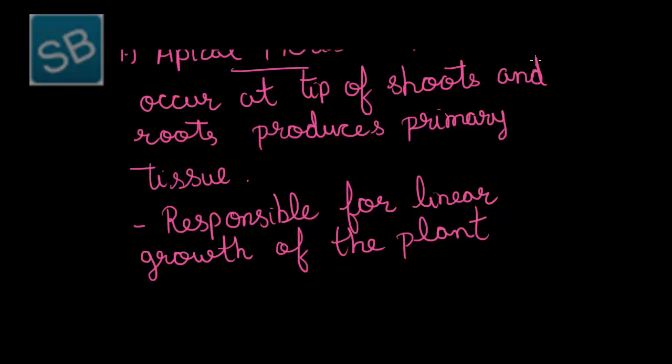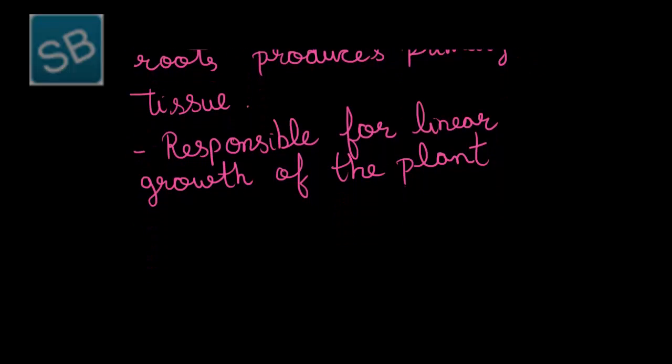However, during elongation of the stem, there are exceptions: some cells are left behind the apical meristem of the shoot and they constitute the axillary bud.